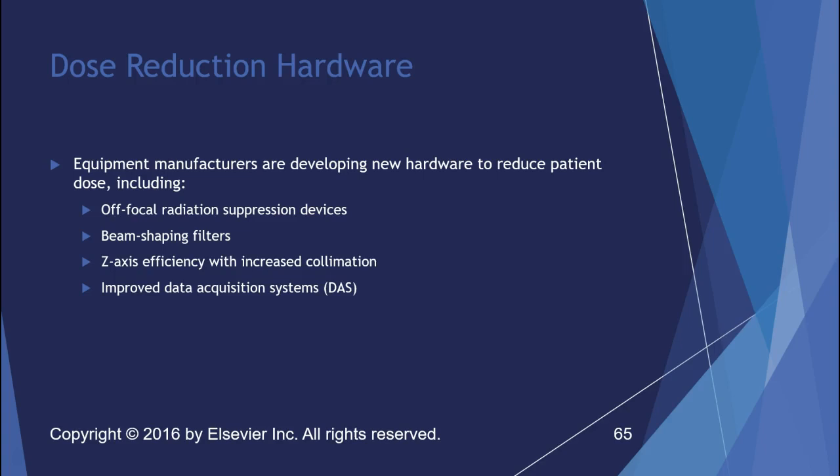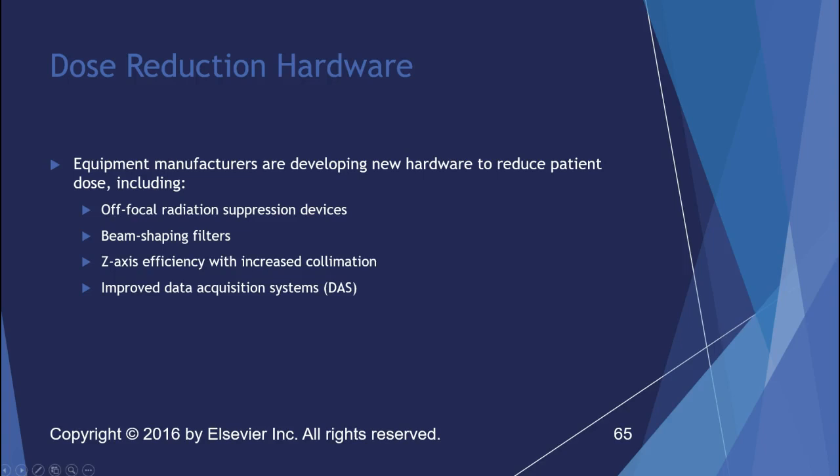So these are some ideas from equipment manufacturers. One is called the off-focal radiation suppression devices. They also are looking at beam shaping filters. These are going to be like your wedge filters, things like that, but used for CT. Your Z-axis efficiency with increased collimation, so they're just changing collimation, making it better.